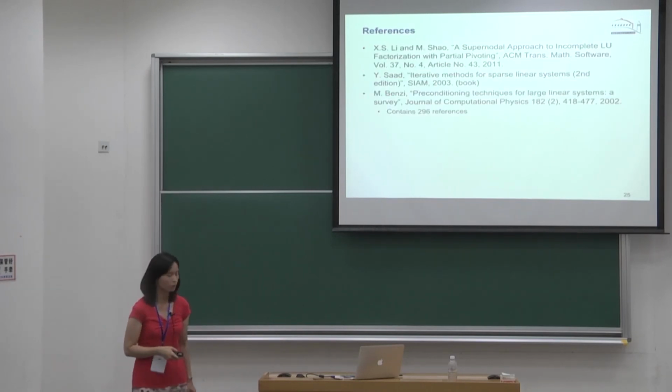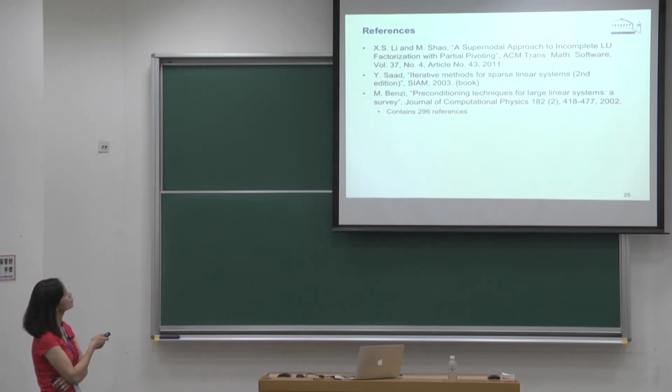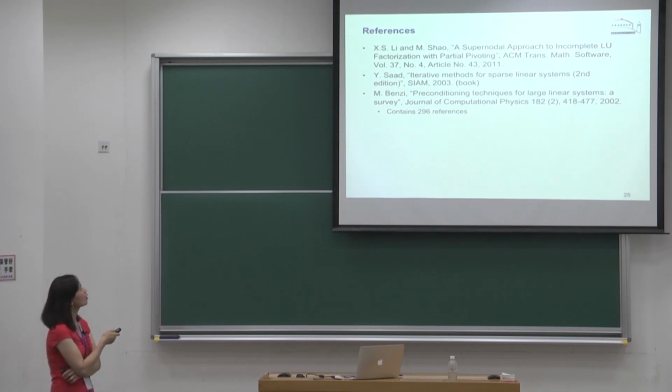So then the references. What I talked about, all these experiments and the modifications, the supernodal version is in this paper. It has all the details, a lot of references there. And of course, Yousef Saad's book is a very good resource for all this. And then there are a lot of good papers, but I'd like to just mention this one.